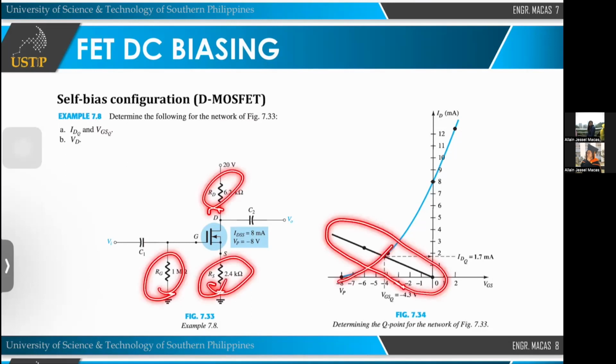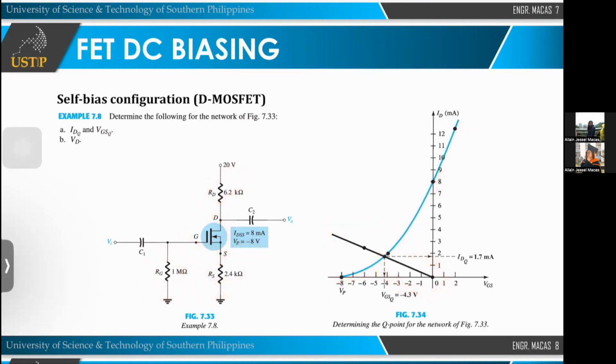While this is the plot, the transfer characteristic of your MOSFET given these parameters. Okay? Now, the intersection between the two is the Q point. So, no problem class, because when solving for the Q point, it lies on this point and also on this load line. Okay? So, the intersection of that is the operating point of your MOSFET given this specific parameter.